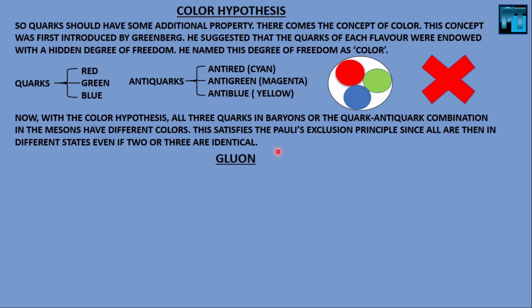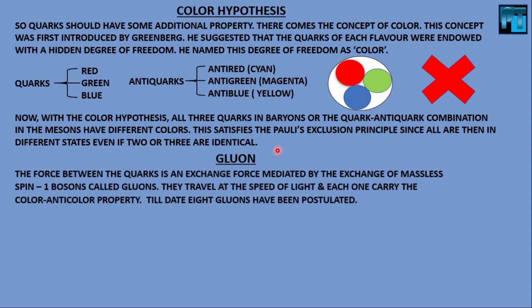Now we have one more thing, that is gluon. What is this gluon? Gluon actually is the exchange particle between quarks. Actually there are strong forces between the quarks, and these forces are mediated by some particle that is called gluon.